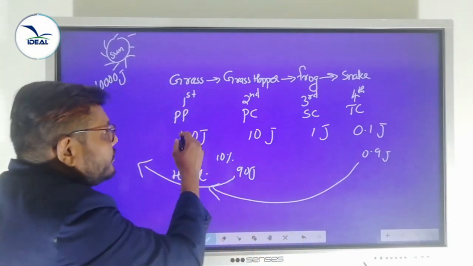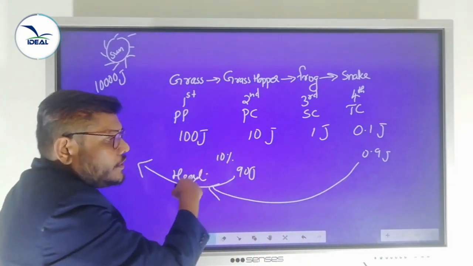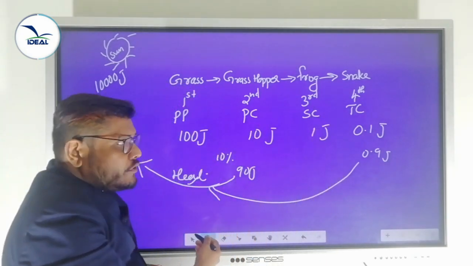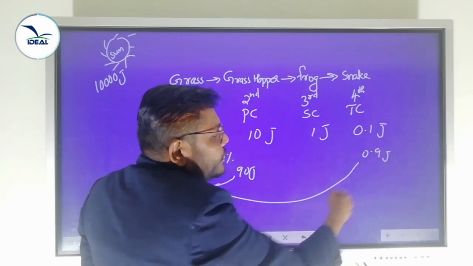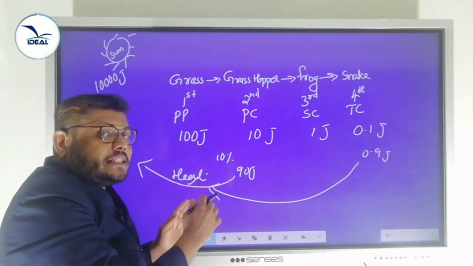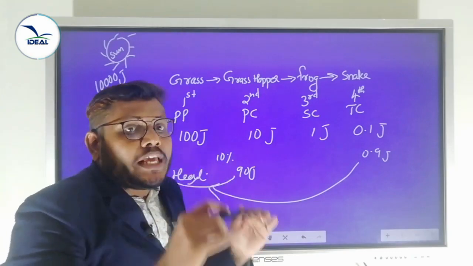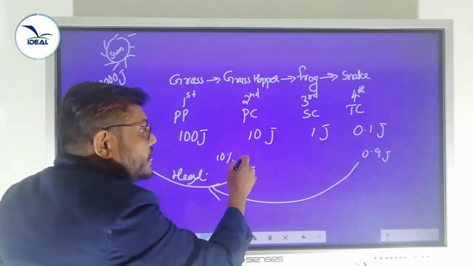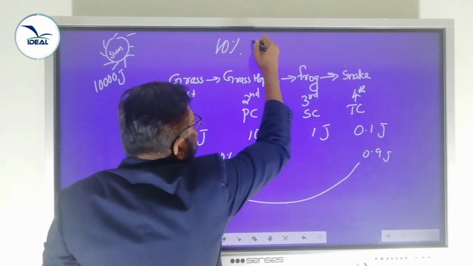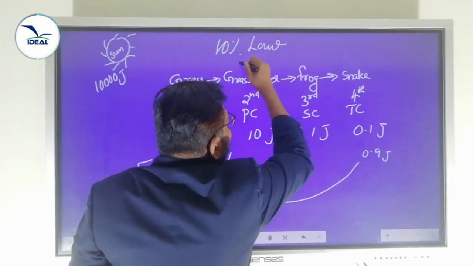Here, from grass to grasshopper, there is a loss of energy in the form of heat. From grasshopper to frog, there is a loss of energy in the form of heat. From frog to snake, there is a loss of energy in the form of heat. So we can say that the ecosystem's energy flow is always unidirectional. This particular 10% law is given by Lindemann.